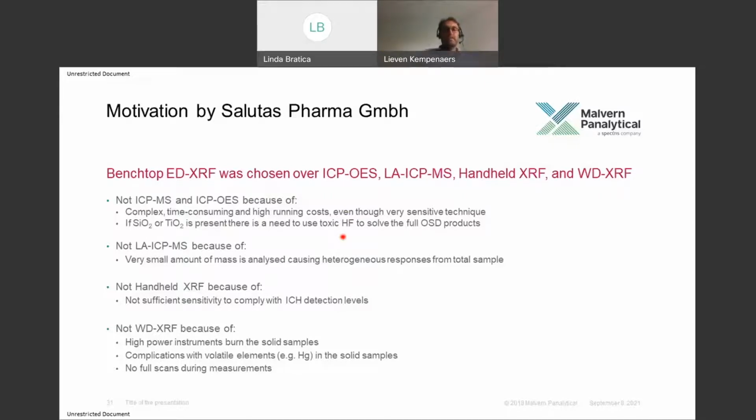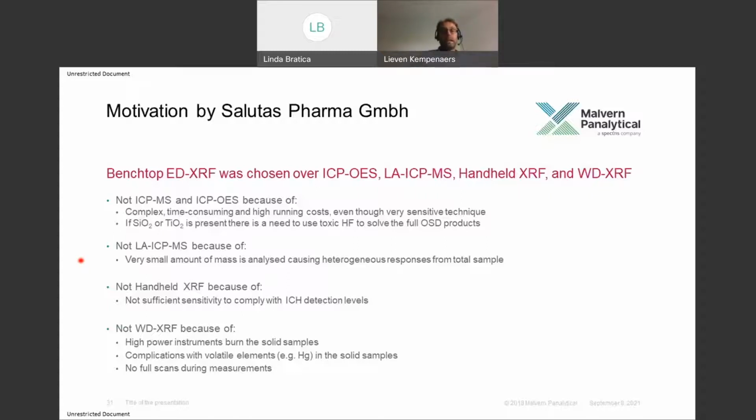And they thought that was a big disadvantage. They also looked into the laser ablation, where they said that the amount of mass that is analyzed is too small to get a homogeneous representation of the final product.